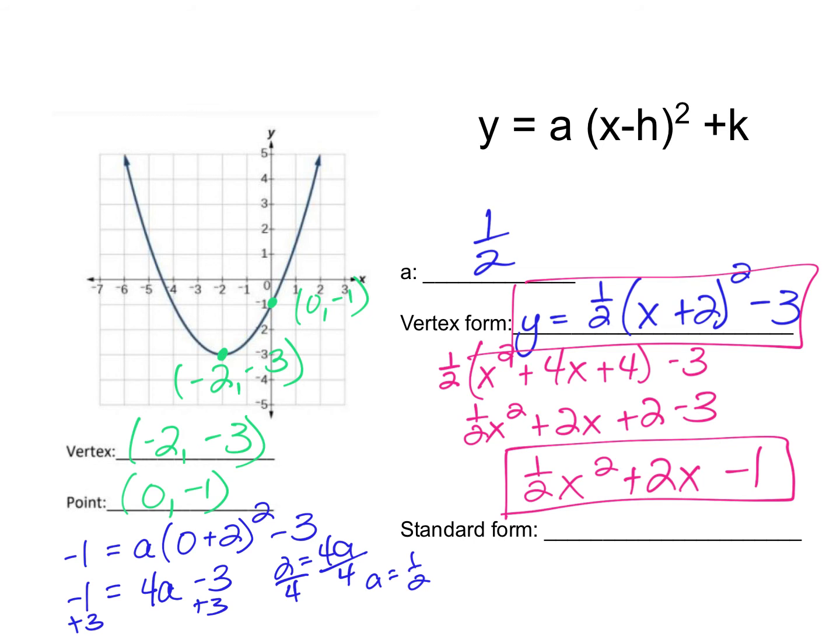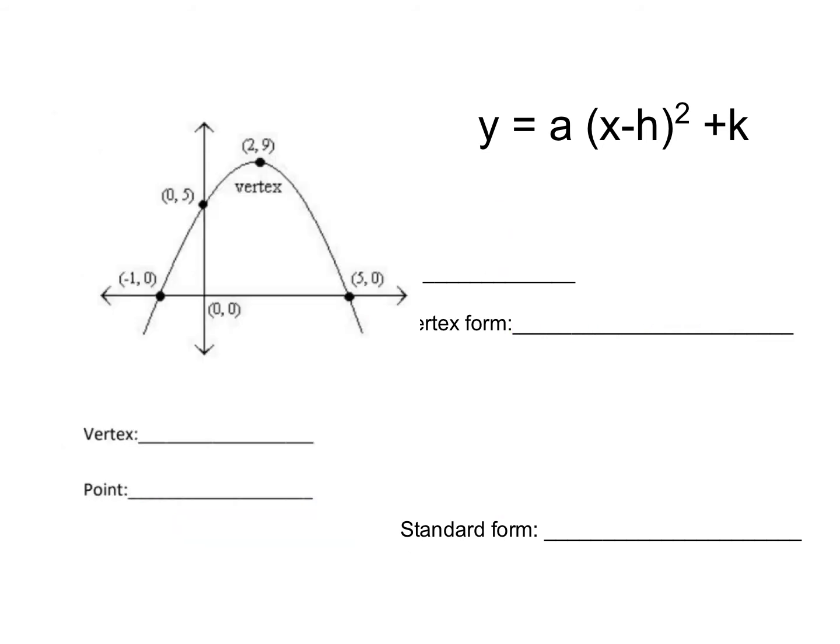All right, let's try another one. Same idea. This time we have lots of points to choose from. So the vertex for sure is 2, 9. A point, remember, try to use 0 and avoid negatives. So this time let's use 5, 0. So I'm going to solve for A, I guess I'll use the space over here.